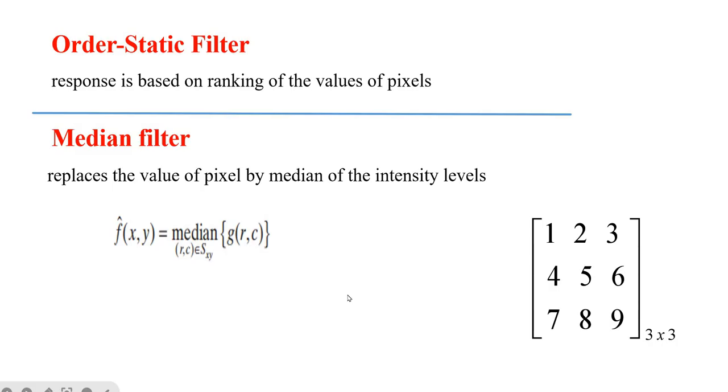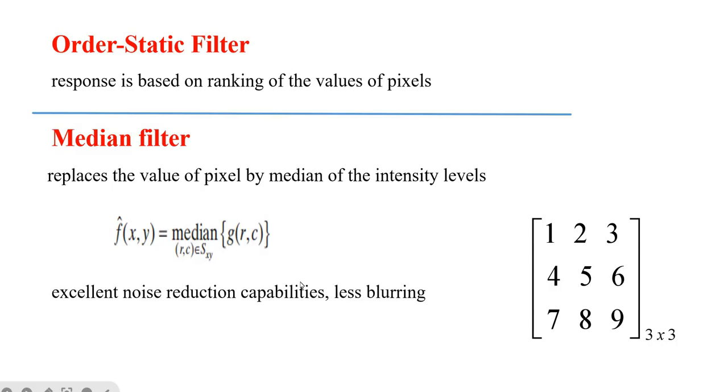Here, the pixel values in this image are already sorted, and the median will be the centermost value. Suppose the numbers are not sorted, they are random, then you first need to arrange the numbers in ascending order, and then choose the center, that is the middle value.